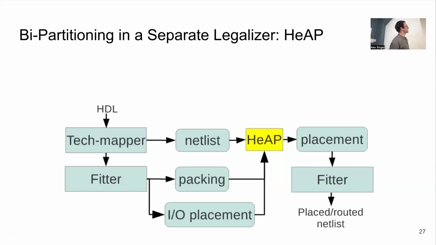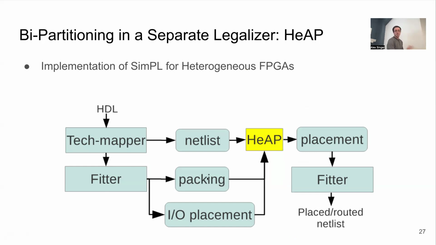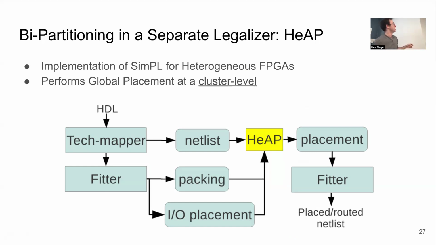This is just a cool little thing to explain that HeAP is a post-packed analytic placer. But it's an implementation of SimPL for heterogeneous FPGAs, and it performs global placement at a cluster level. What that means is that we use a packer to pack, let's say, LUTs together into a CLB, DSP parts into a DSP unit, RAM slices into a RAM, and so on.